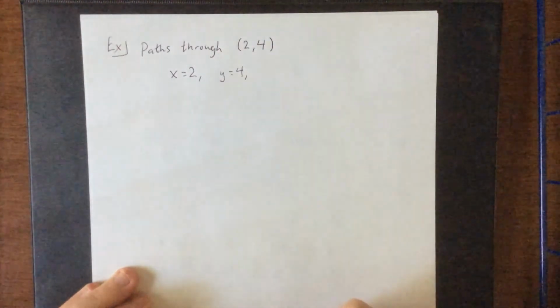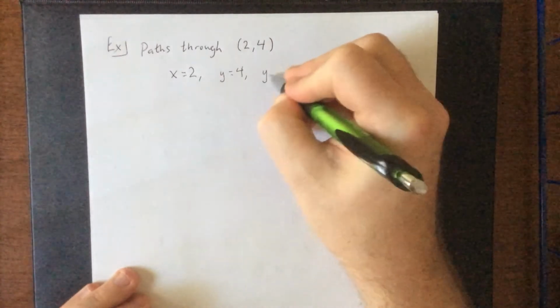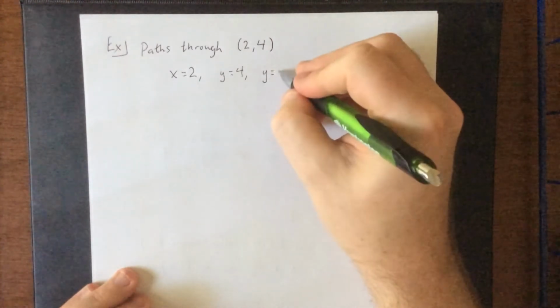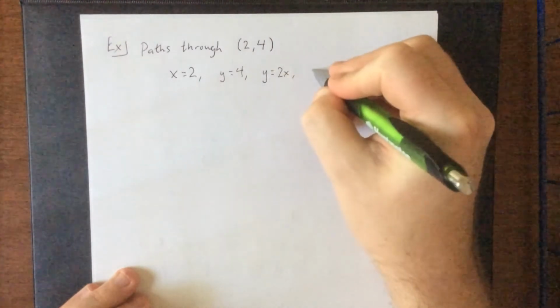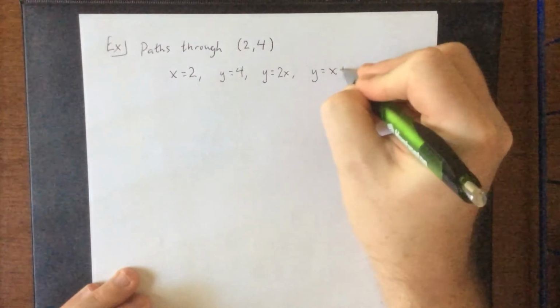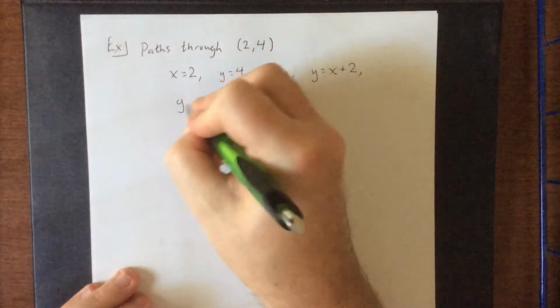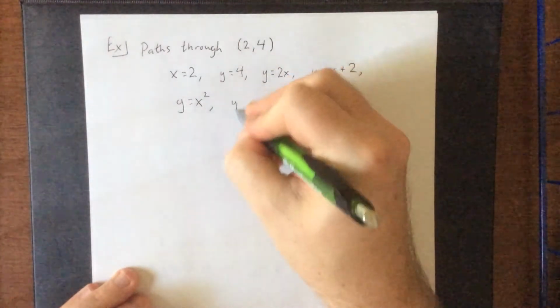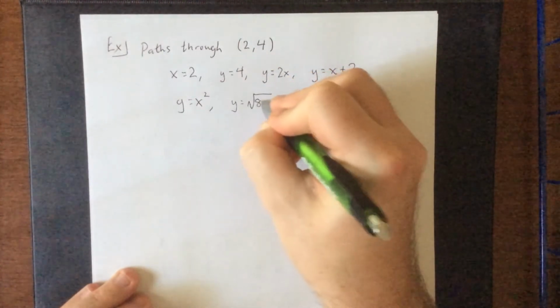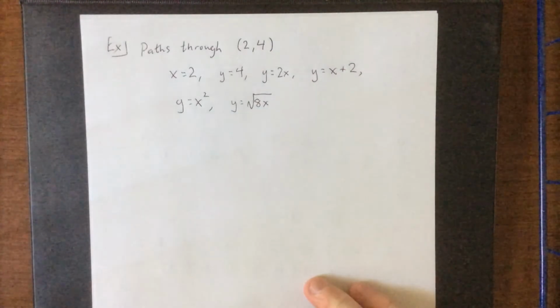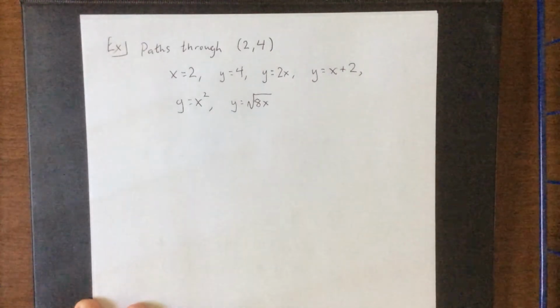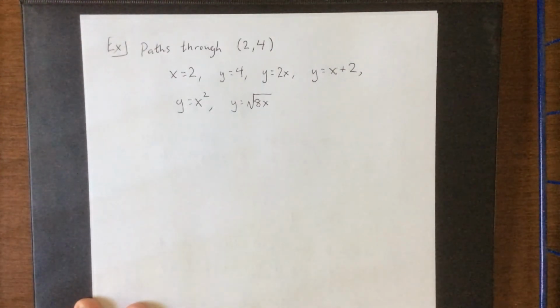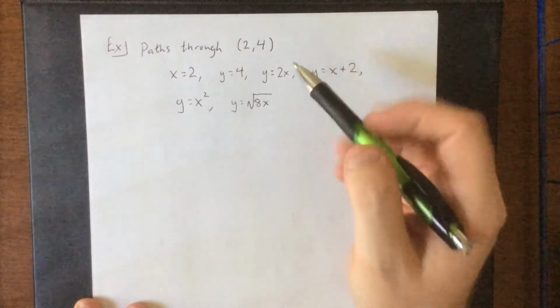Those are certainly possible. We could do a straight line that passes through the origin, y is equal to, say, 2x. We could do y is equal to x plus 2. We could do y equals x squared. We could do y is equal to the square root of 8x. There are lots and lots and lots of different paths that will all pass through the given point.